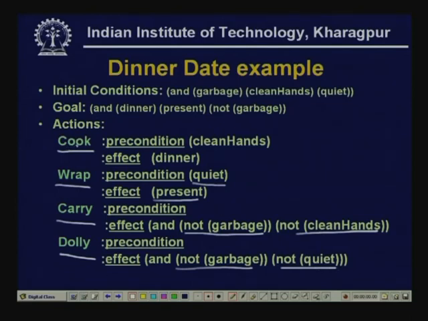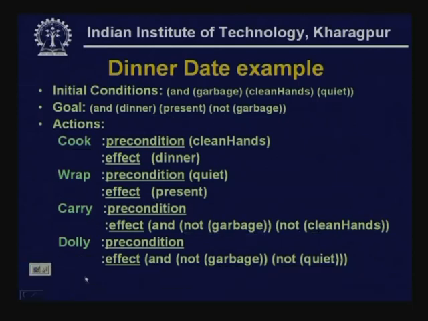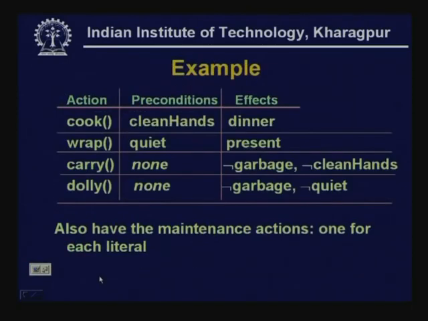So, we have these actions cook, wrap, carry and dolly, and with these actions we have to see how we can achieve this goal of dinner and present and no garbage. This table just has the same thing: the action, the precondition and the effect.